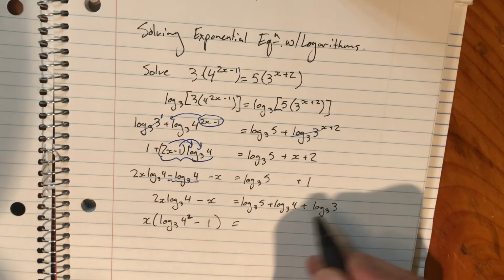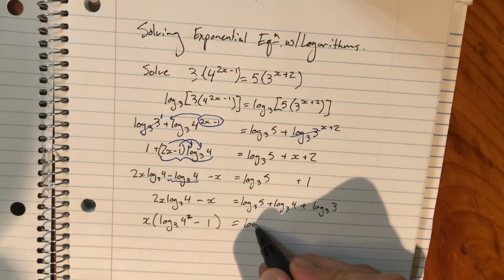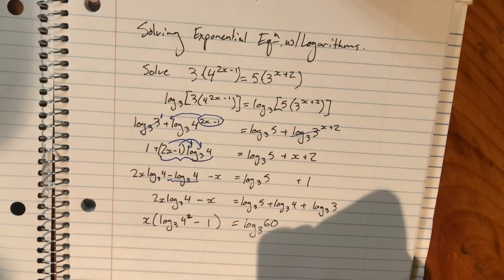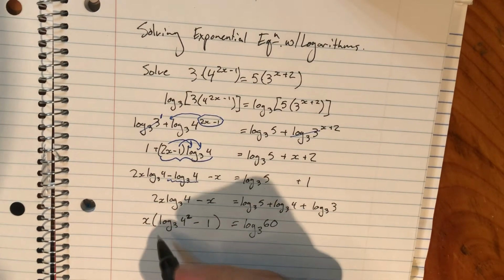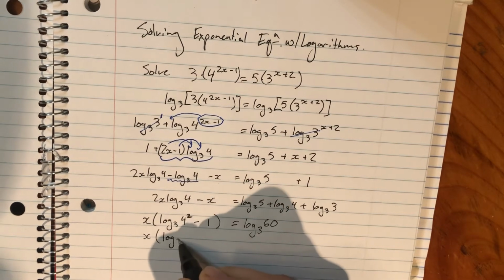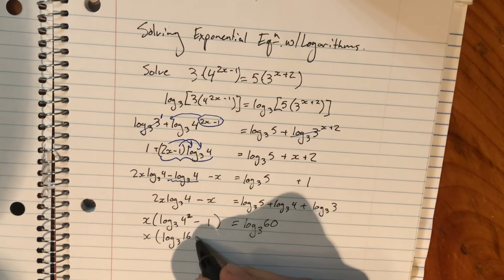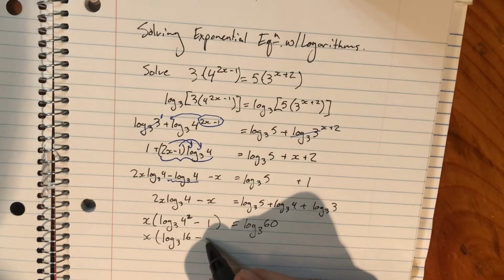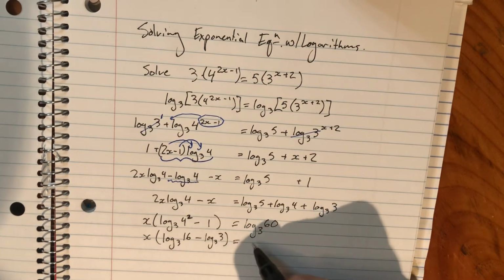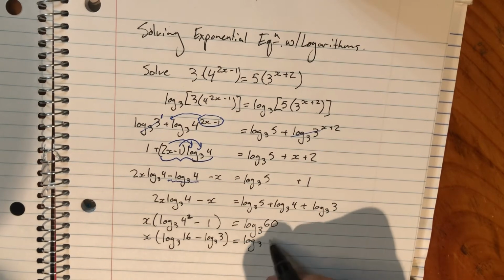Okay, putting all these together with the product rule, this is log base 3 of 5 times 4 is 20 times 3 is 60. And on this side, I have x log base 3 of 16 minus, well, this is -1. So I can just write this as log base 3 of 3 is equal to log base 3 of 60.